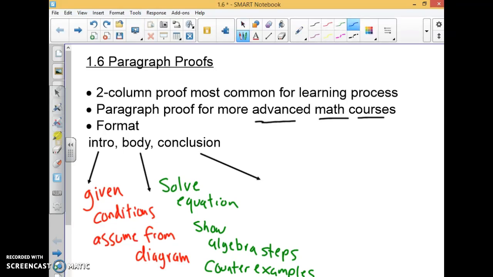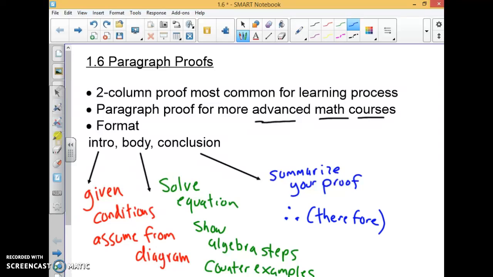At the end of your proof, you need to have a conclusion, and it needs to summarize your proof. There is a symbol you see a lot in conclusions, which is the three dots that look like a triangle. That means therefore, and you'll see that a lot as part of the conclusion to a proof.